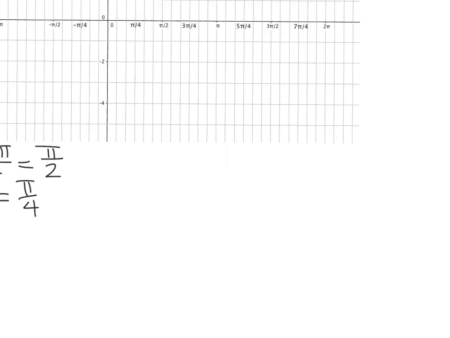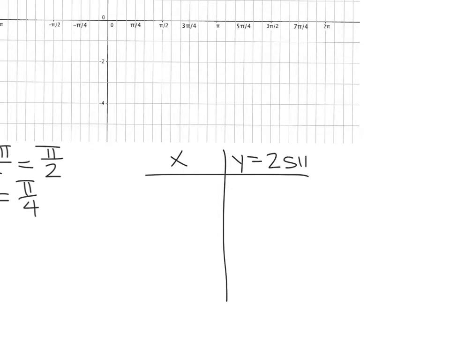So when we set up the table for picking our points to graph, we have our angles x, and our function y equals 2 times the sine of 4x minus pi. So our starting point is going to be 0, and because our period is pi over 2, we know we want to end at pi over 2.